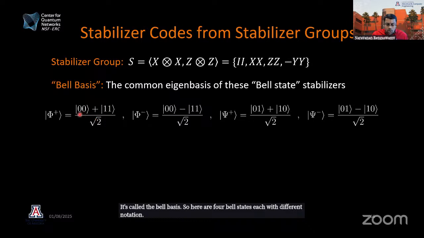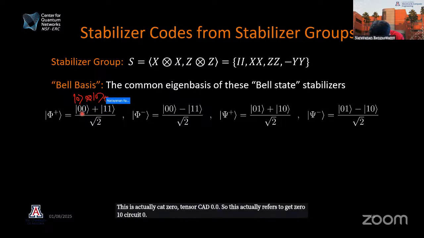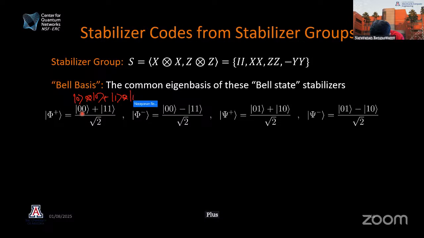Now, one thing to note here is that when I write 0, 0 inside a ket, this is actually ket 0 tensor ket 0. So this actually refers to ket 0 tensor ket 0 plus ket 1 tensor ket 1. I'm just dropping the tensor product just like I did for the Pauli operators.